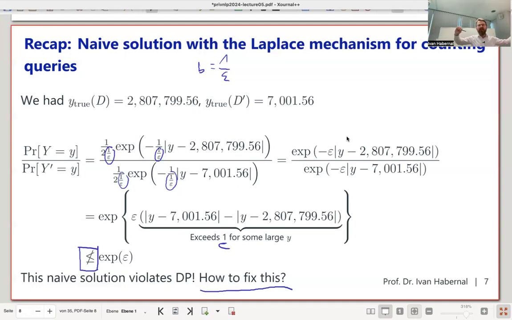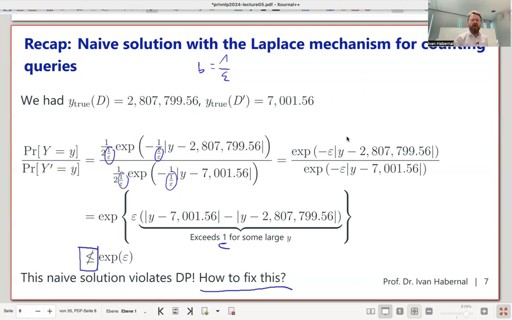So the scale is a thing here. We use the scale for the strength of the privacy, for the epsilon, but maybe the scale is also important for some properties of the databases themselves. So maybe if we scale it better now, we can fix that.